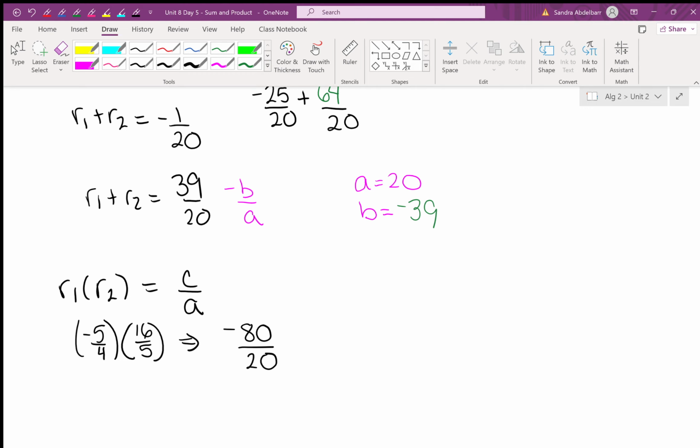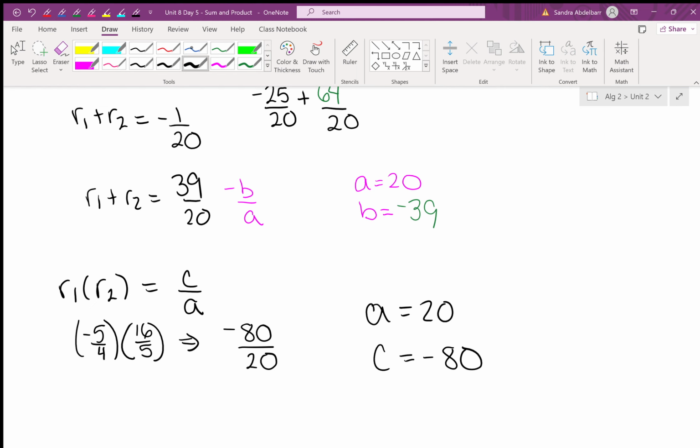Sometimes you'll have to simplify to make the a's the same. Right? Sometimes you'll have to change one fraction to make it the same a as the other fraction. Do you see what I'm saying? So we want in the sum of roots and the product of the roots for the a's to always be the same. So now in this scenario, once again, we have a is 20 and our c will be negative 80. Do we have everything we need to write out this quadratic equation now?